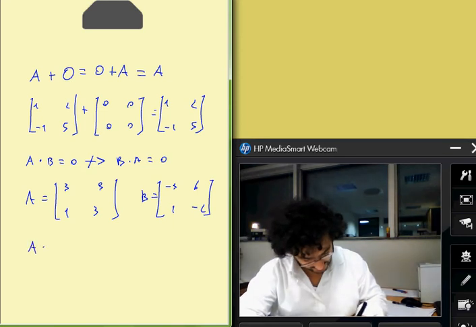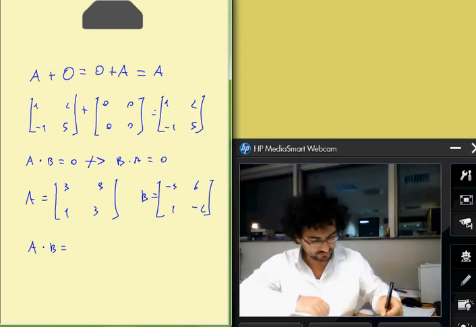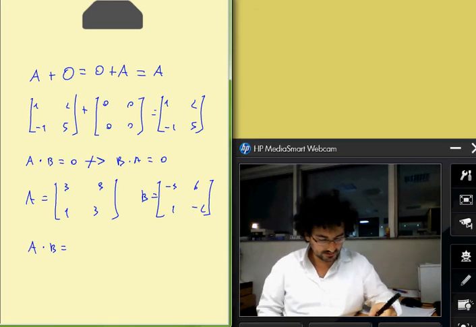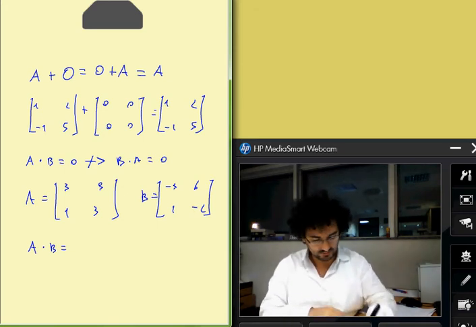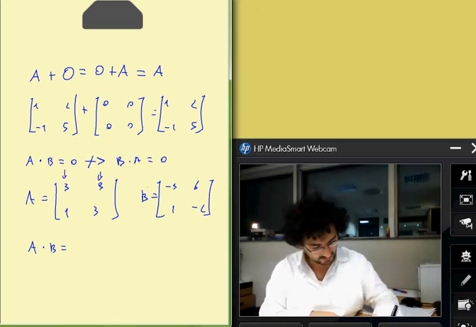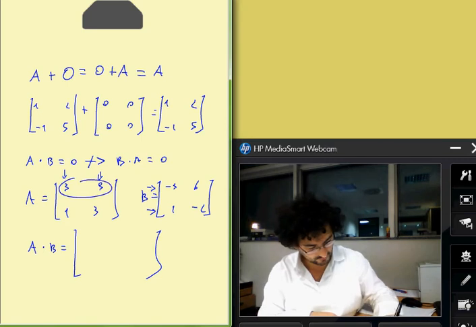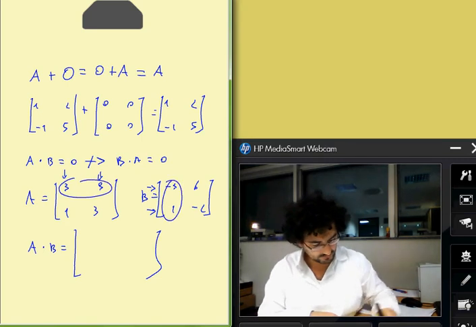If we compute A times B, it's possible to compute this because the number of columns of matrix A is 2 and is equal to the number of rows of the second matrix. If we compute, we get first row, first column, 3 times minus 3 plus 9, which is equal to 0, and again this is equal to 0.